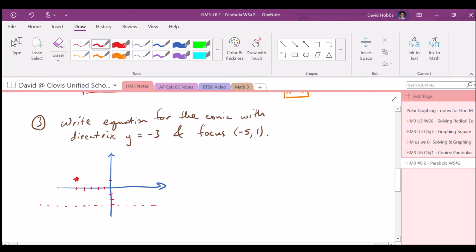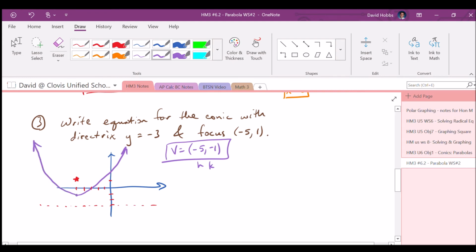Okay, set of all points equidistant from the point and the line. And so the easiest point we can pick out is right there in the middle between it, and that's our vertex. So we can see that our vertex is -5, -1. That's the H and the K. And the focus is always on the inside of the parabola. It opens away from the directrix.